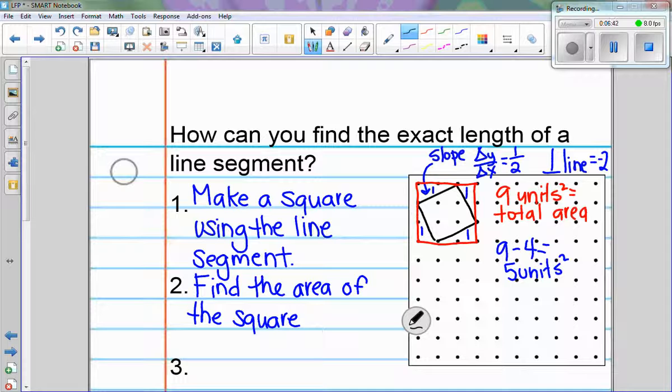Now that's not the only way to figure out area. You might also do something like this. Okay. So you could also find all the triangles inside. And some of you are really, really good at this.